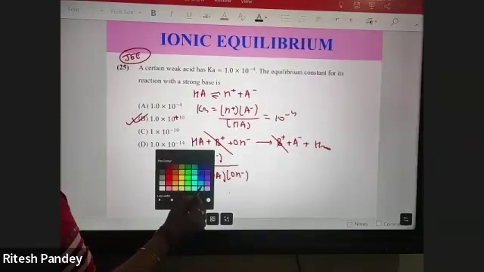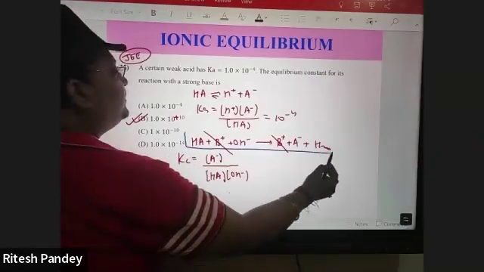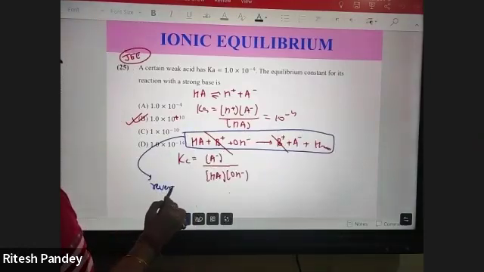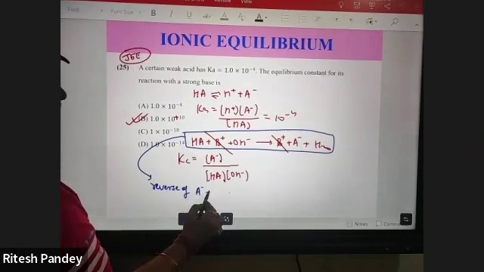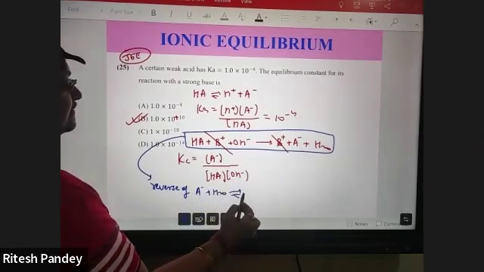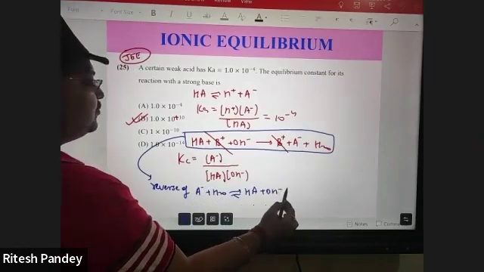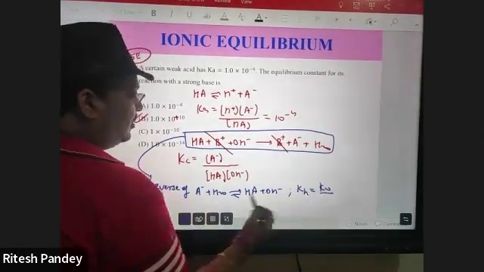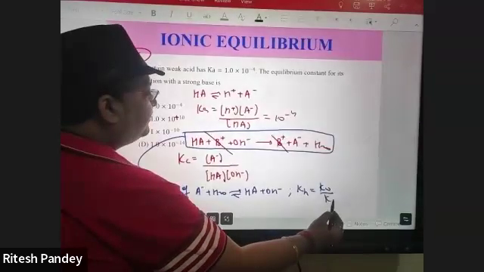This particular case would eventually look like the reverse of the one for which you remember you had Kh as Kw upon Ka. You remember this?